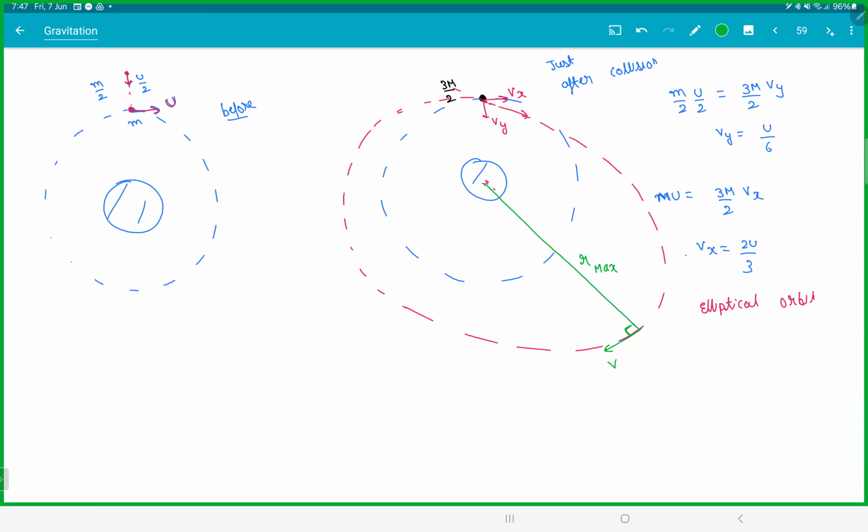So now you'll conserve angular momentum and conserve energy. After the collision gets over, energy is conserved. Energy and angular momentum are conserved. Just write the equations and leave it.